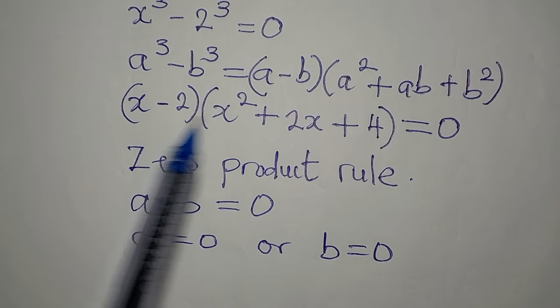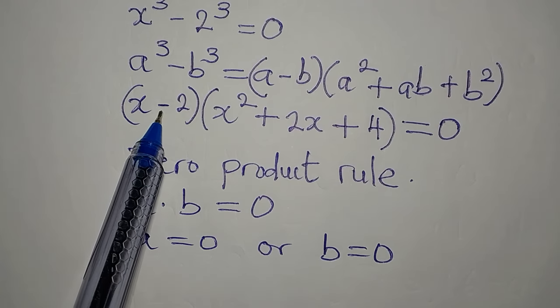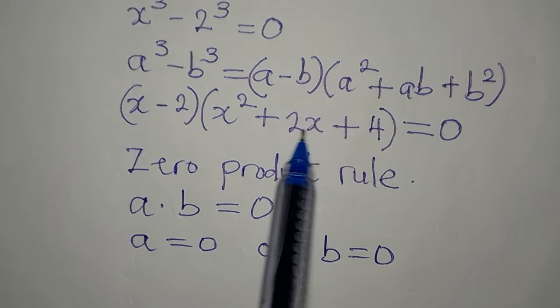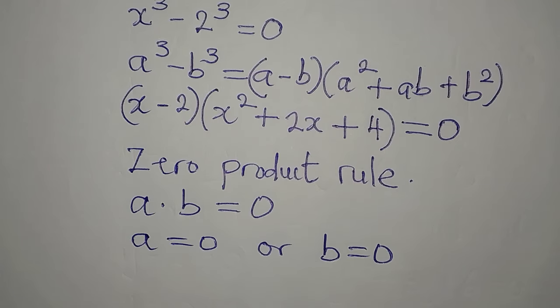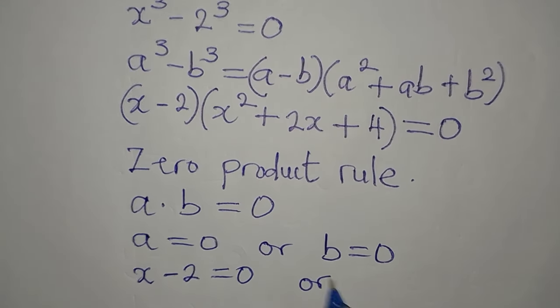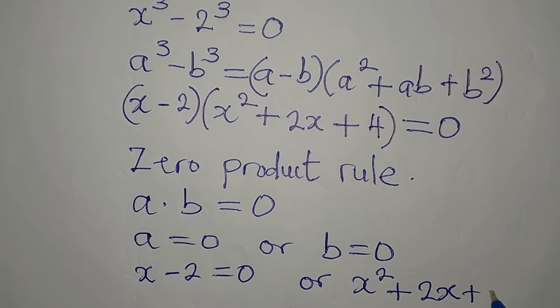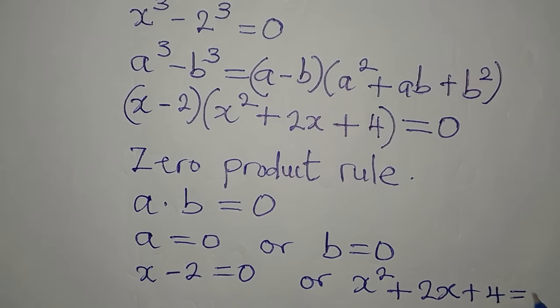So we consider this to be in this form, two terms. So it is either this is 0 or this one is 0. From there we get our respective values of x. Now x minus 2 is 0 or x squared plus 2x plus 4 is 0.